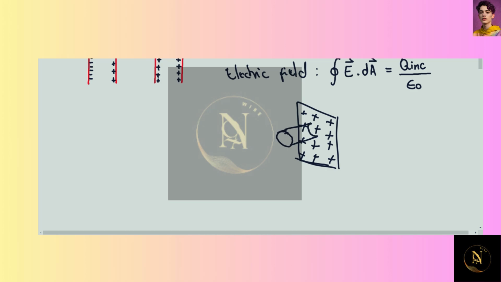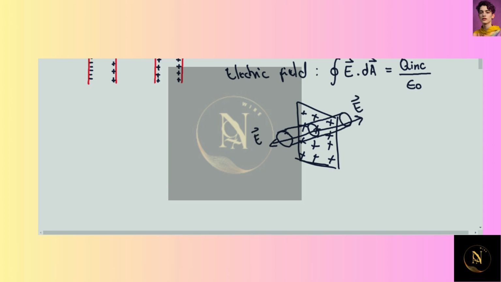In this case, we will use a cylindrical Gaussian geometry because it is the most convenient. Because the sheet has a positive charge, the electric field is upward, and in the front and in the back it is also upward.